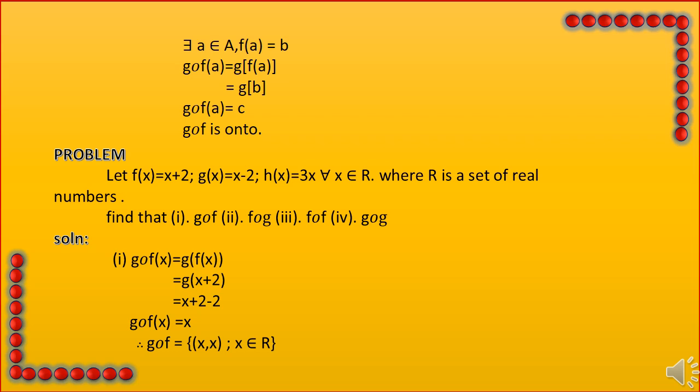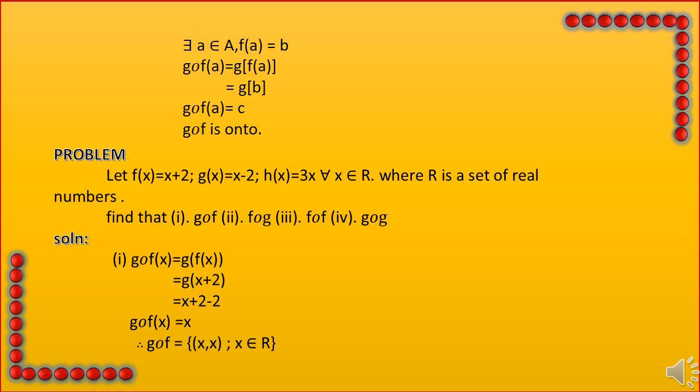First option is g composition f of x is equal to g of f of x, equal to g of the statement of f of x, which is x plus 2, that is written here. g of x is x minus 2.